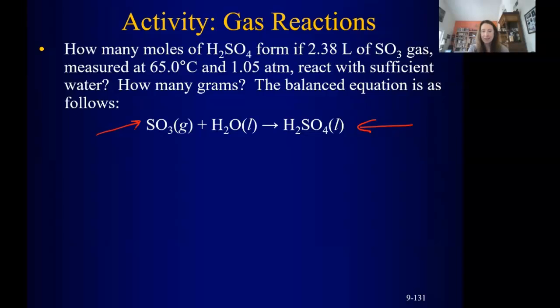You need to identify what you have and where you're going. What do you want? So you can see here, it says how many moles of H2SO4? Okay, so we want moles of H2SO4.